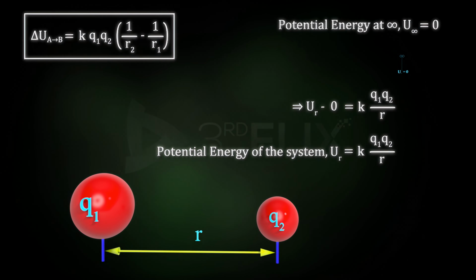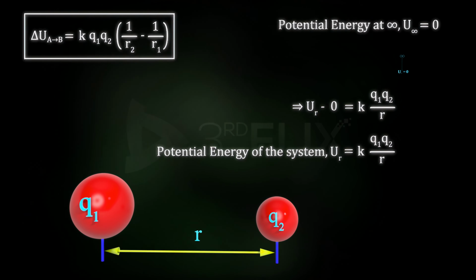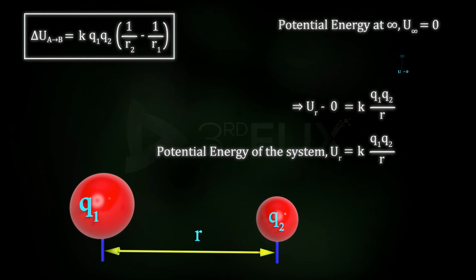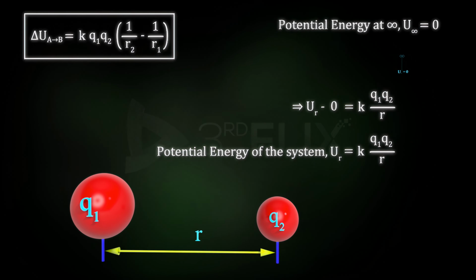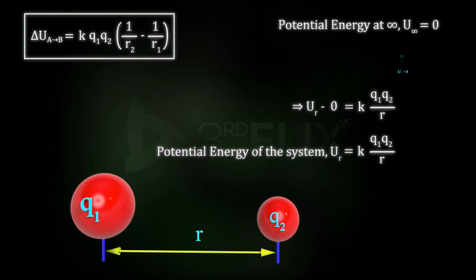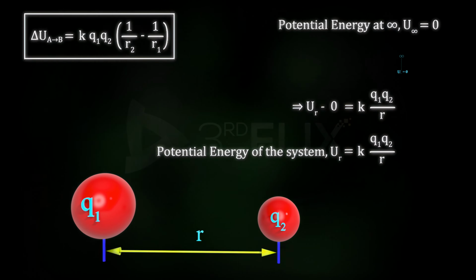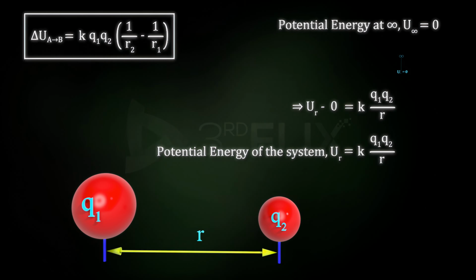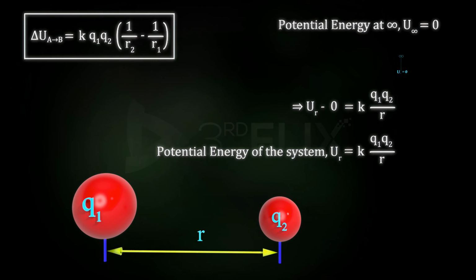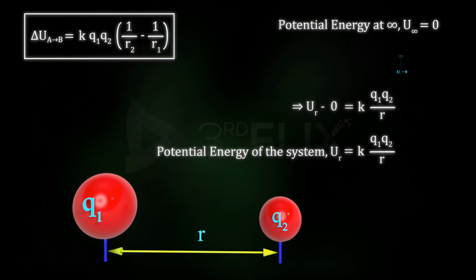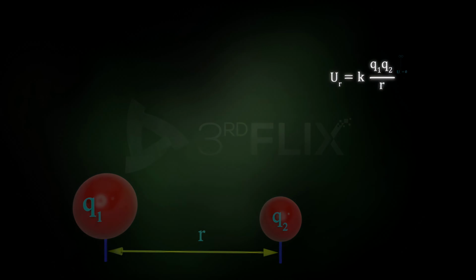This expression for electric potential energy is derived by assuming that one of the charges is fixed and the other is displaced. However, potential energy depends only on the separation between charges. It does not depend on how they are oriented in space.